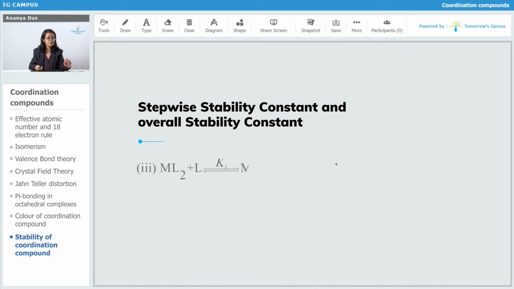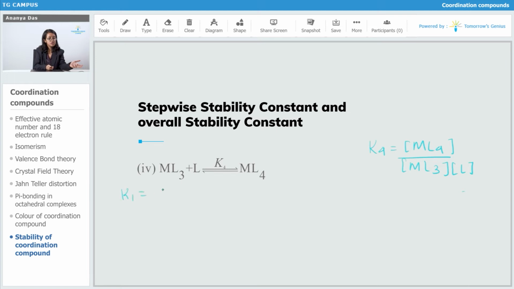For your third step, K3 is equal to ML3 divided by ML2 into L. This is the third step. And in the fourth step, all of the 4 ligands are now added. So, K4 is equal to ML4 divided by ML3 into L.